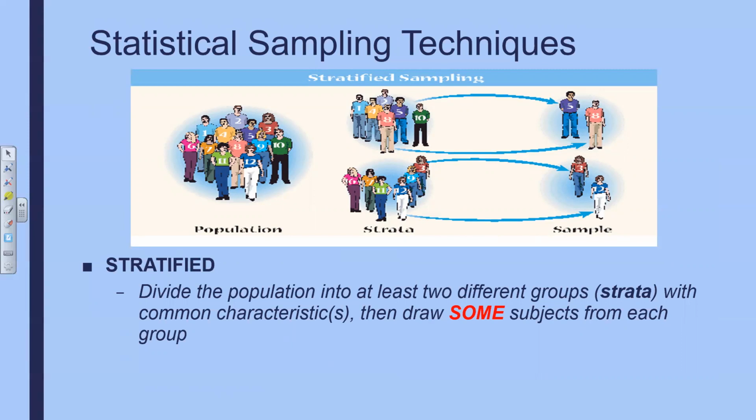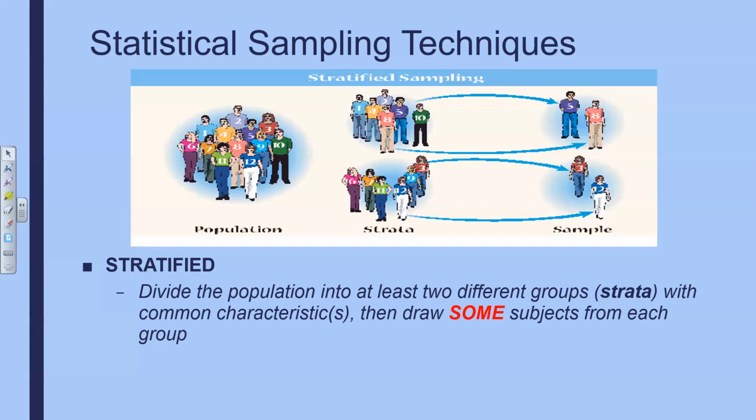We could also divide it by age: the 20s, the 30s, the 40s, the 50s. You can do gender and age or just age, but you're dividing the population into groups by some characteristic that you have selected. A lot of times it's a characteristic you're trying to control, one of those lurking variables.